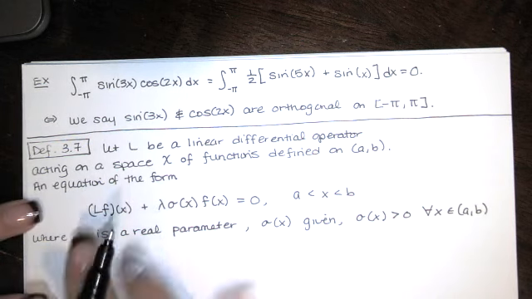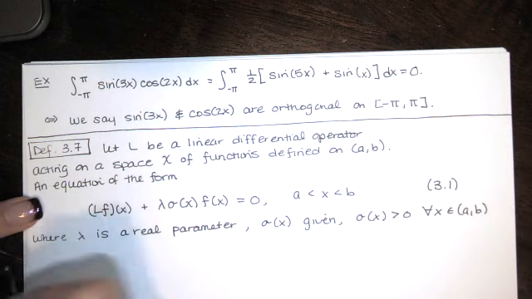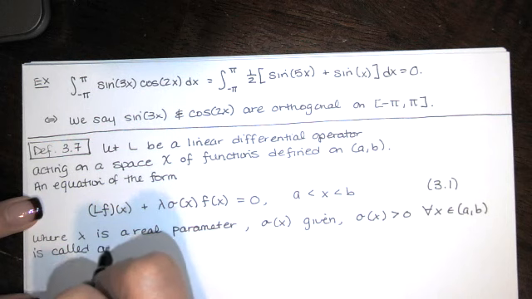An equation that looks like this, equation 3.1 in the text, is called an eigenvalue problem.